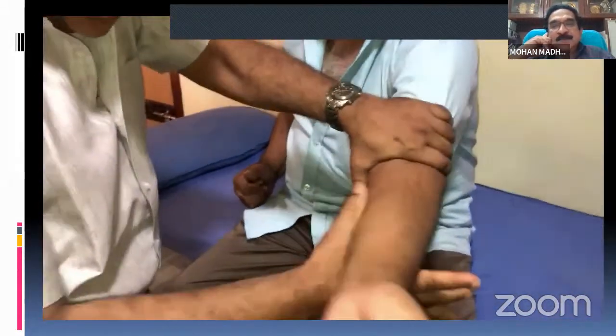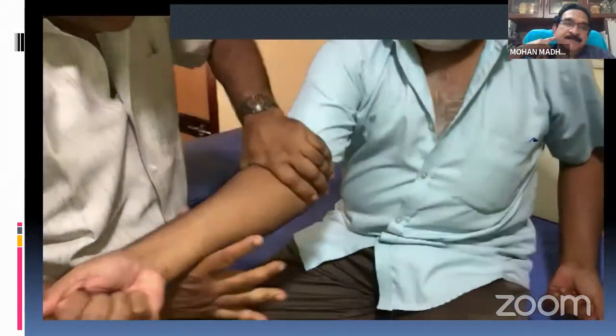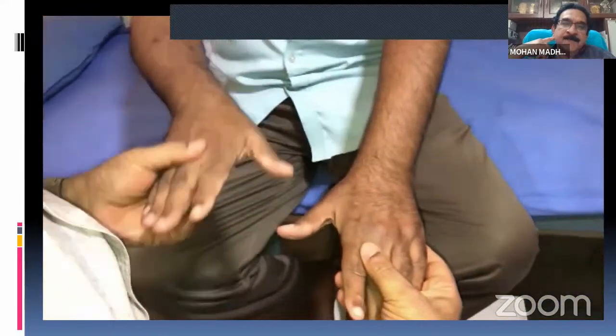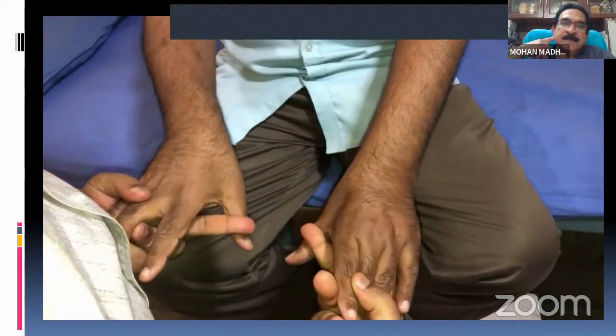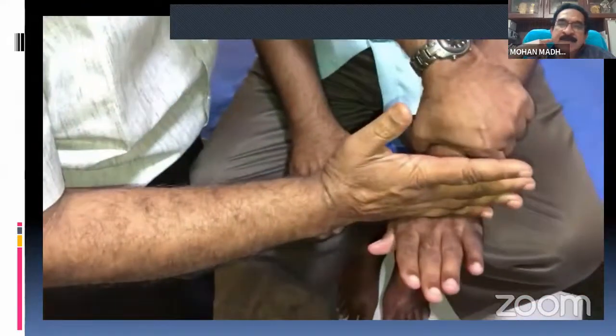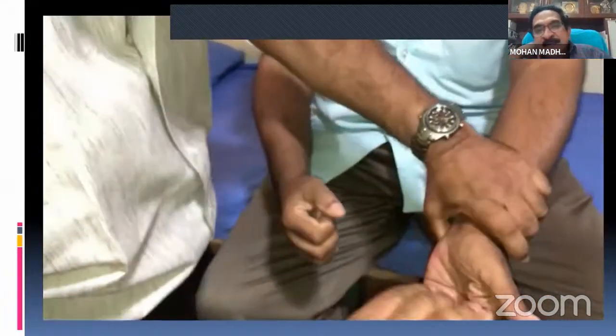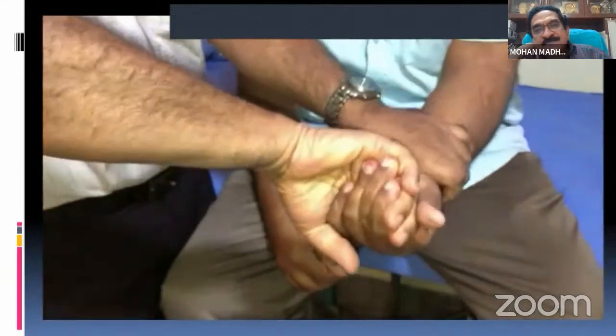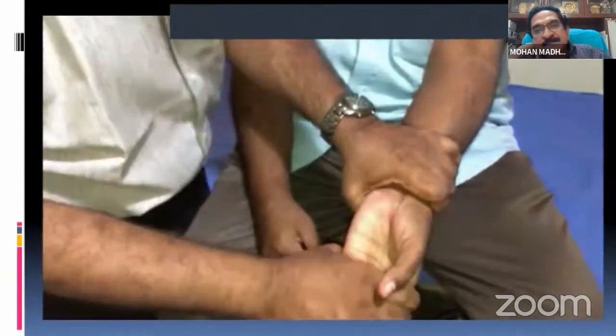Deltoid normal, biceps normal, triceps normal. There is mild wasting of the small muscles of the hand on the left side. Finger flexors were normal. Look very carefully: finger flexors are normal on the right side, but mildly weak on the left side. I can overcome it. The long finger flexors were mildly weak.